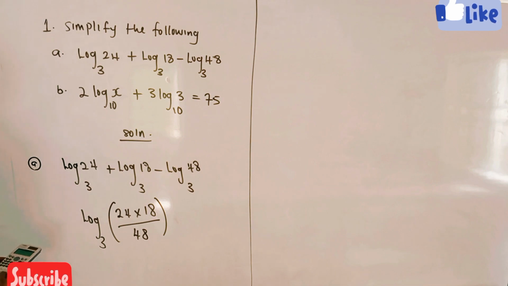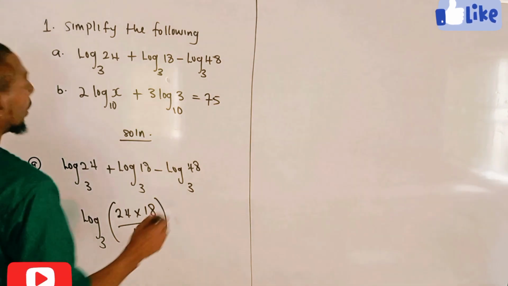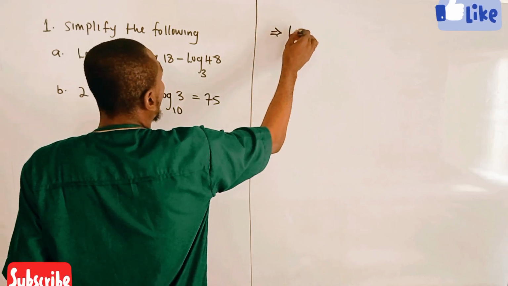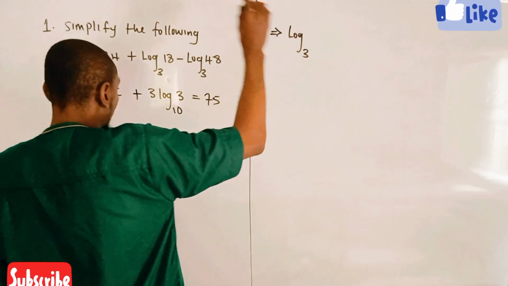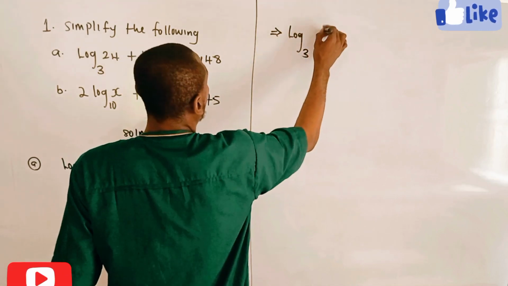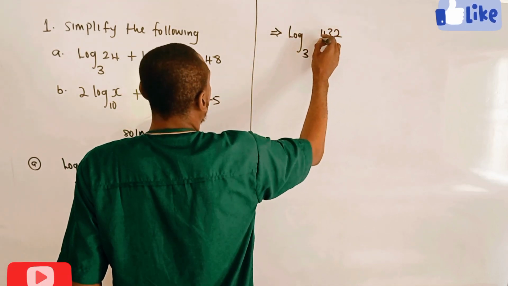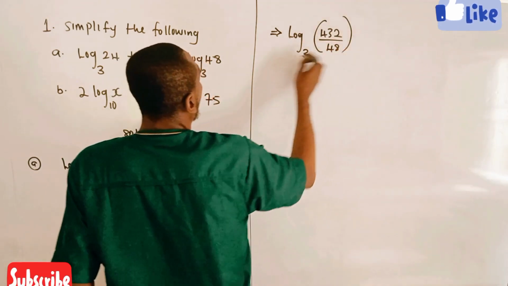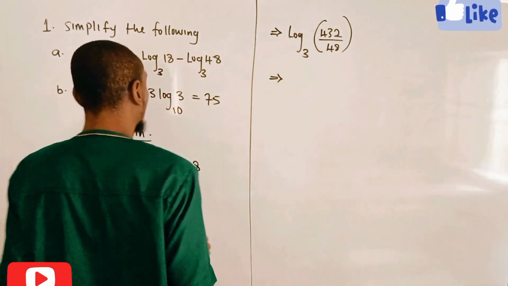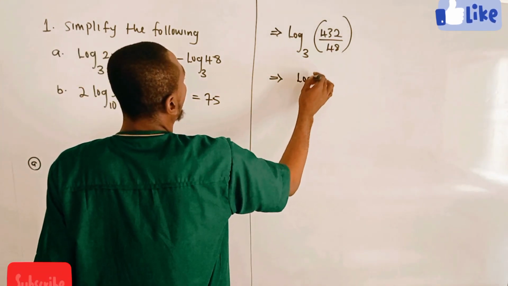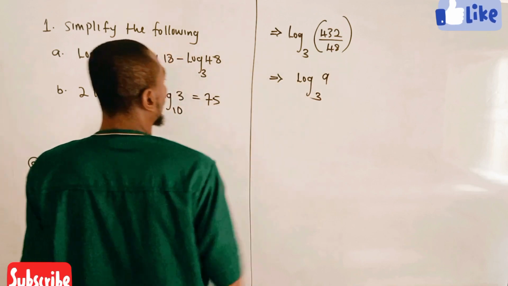We're going to have the logarithm of 432 divided by 48, and 432 divided by 48 is equal to 9. So we have the logarithm of 9 to base 3.